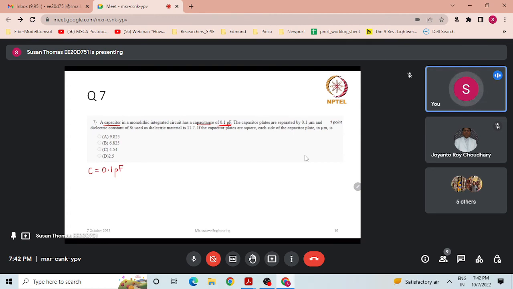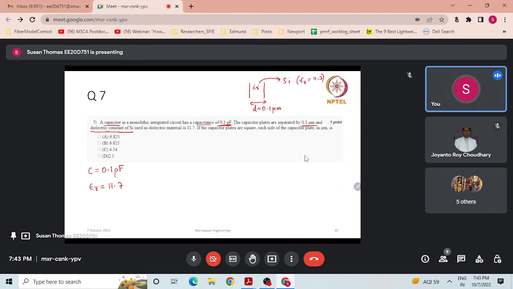Capacitor plates are separated by 0.1 micrometer. These are some basic parameters of any capacitor. And the dielectric used here is silicon, which has a dielectric constant of 11.7. So epsilon r is 11.7.